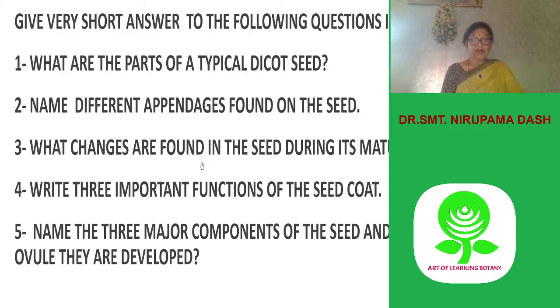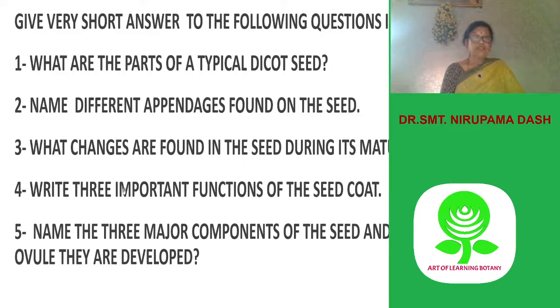During maturation, the following changes are seen. The color changes from dark to black, increase in dry weight, increase in storage proteins and late embryogenesis abundant protein, increase in level of antioxidants, decrease in water content, and it also develops dormancy.